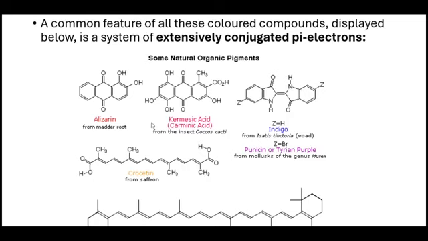A common feature of the colored compounds displayed below is a system of extensive conjugated pi electrons.